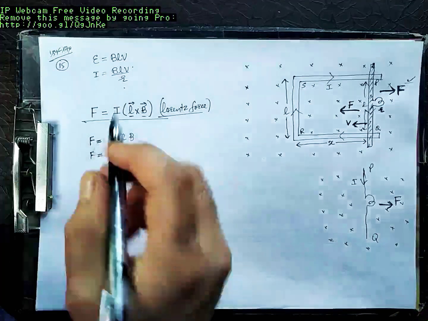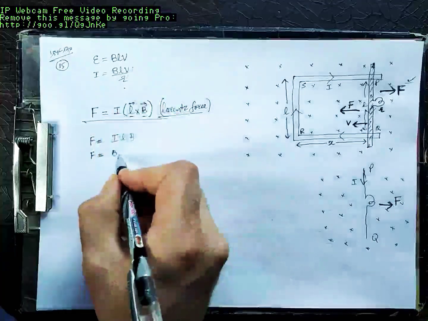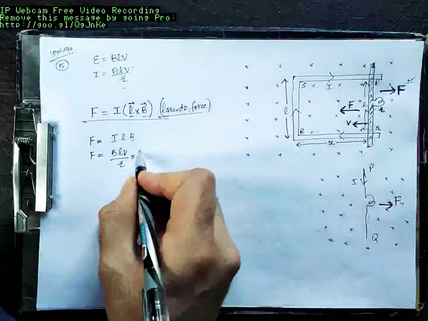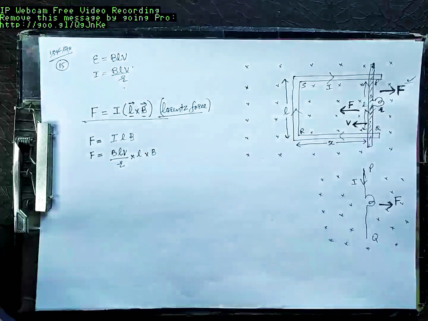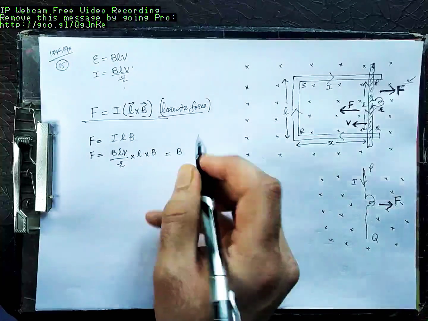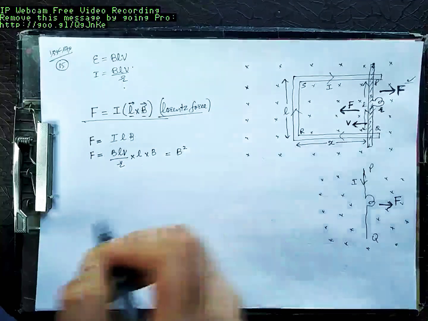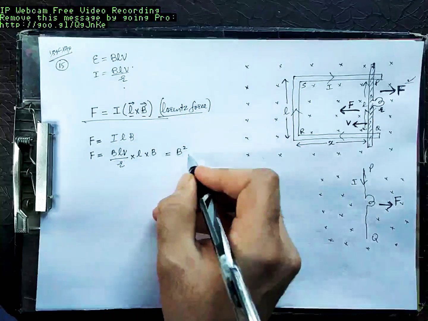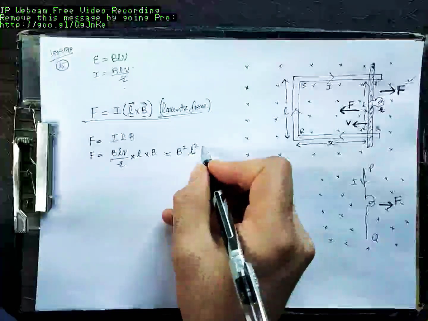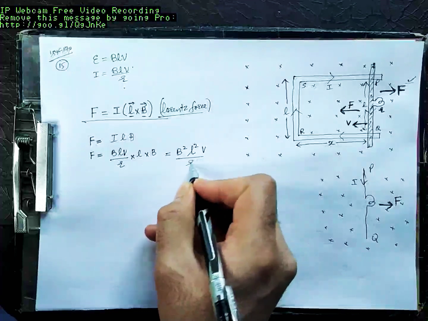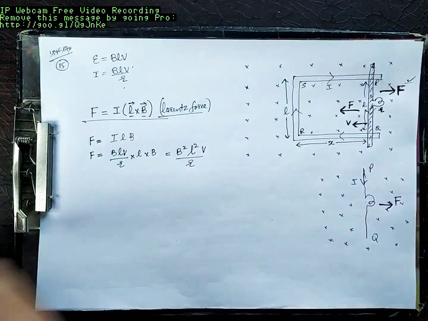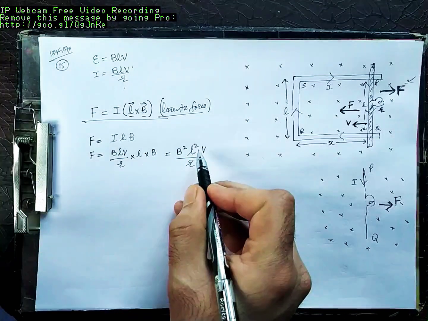I is B L V divided by R. L is length, B is magnetic flux density. If we simplify this, this becomes B square L square V divided by R.